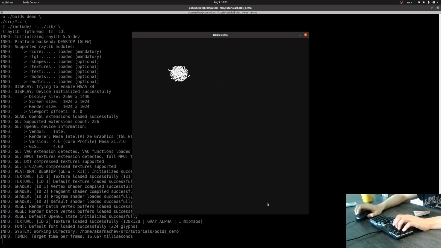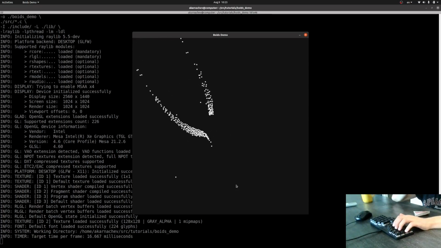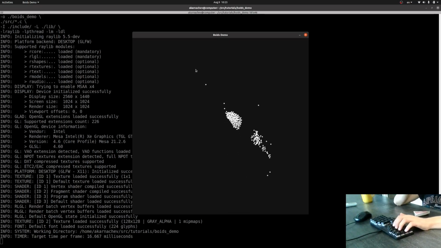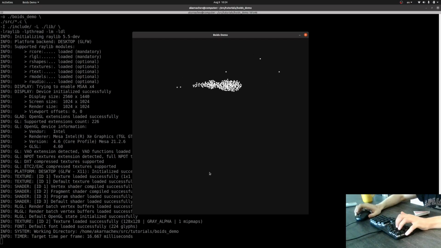Also, as you can see, the behavior is kinda not particularly physical, because when they turn around, they can even accelerate, so they even increase their speed. But if you think about it, in reality, when a pack of some birds changes the direction, they cannot increase their speed, they decrease their speed.